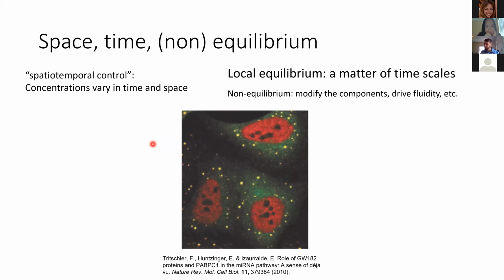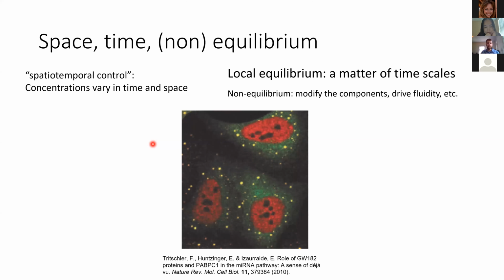One cool example is that there's increasing evidence now that phase separation might be used for gene regulation. Basically, there's an idea that cells are condensing droplets at specific parts of DNA to concentrate transcriptional machinery to transcribe that DNA into RNA and eventually make protein. That's a process that has to happen at the right time and in the right place in the DNA. And that's what we mean by spatiotemporal control.